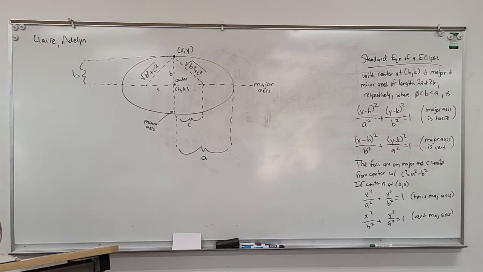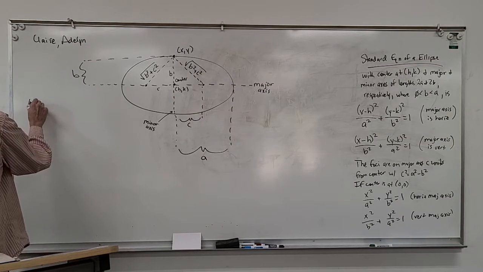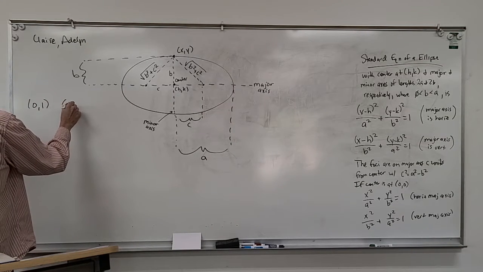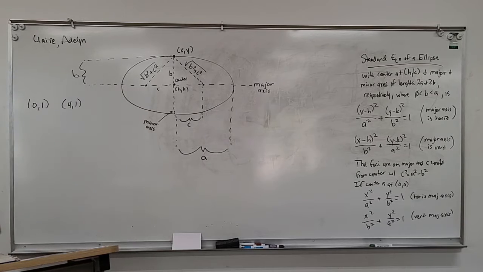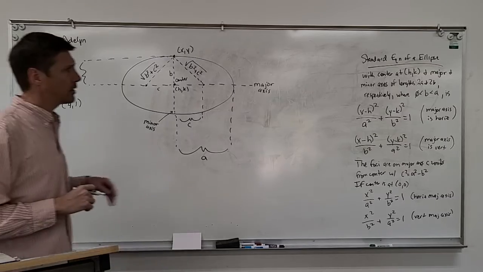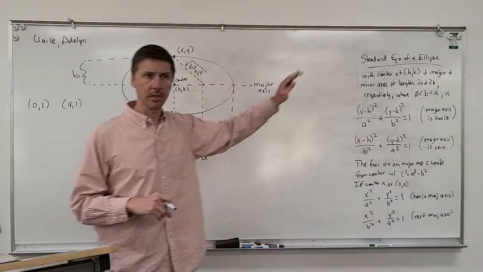So example 1 says, find the standard form of the equation of the ellipse having foci at (0, 1) and (4, 1), and a major axis of length 6. All right? If our major axis has a length of 6, how does that relate to these variables that we have in here?